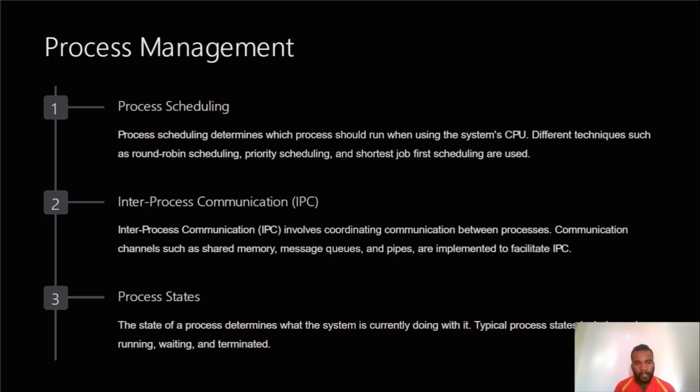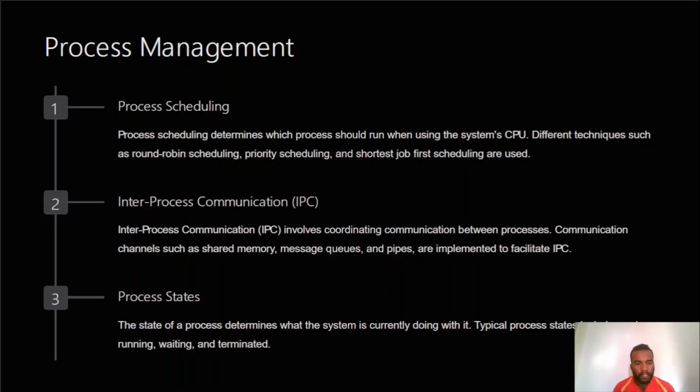Inter process communication involves coordination and communication between processes. Communication channels such as shared memory, message queues, and pipes are implemented to facilitate inter-process communication.